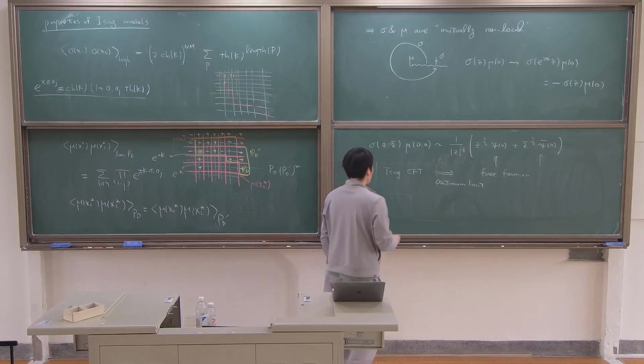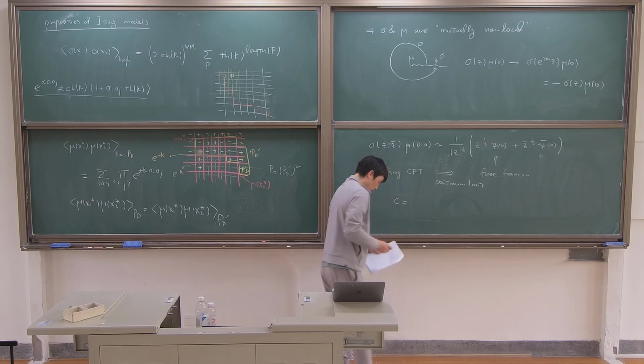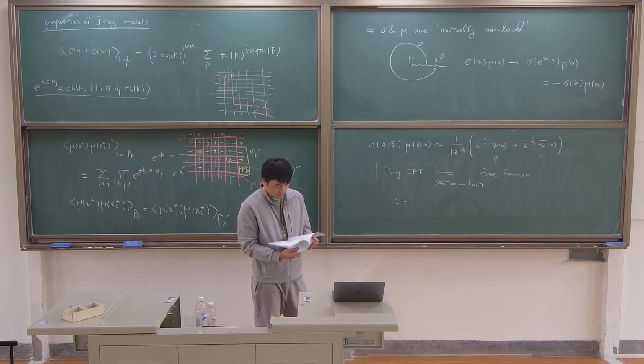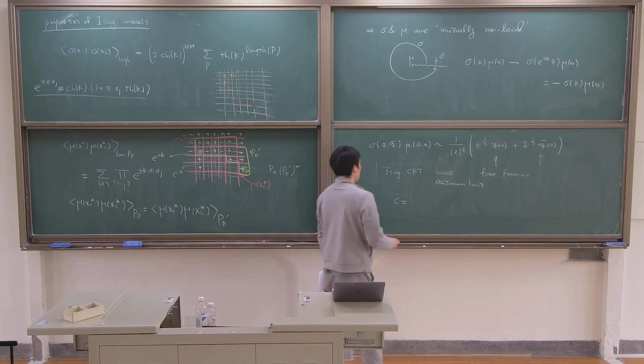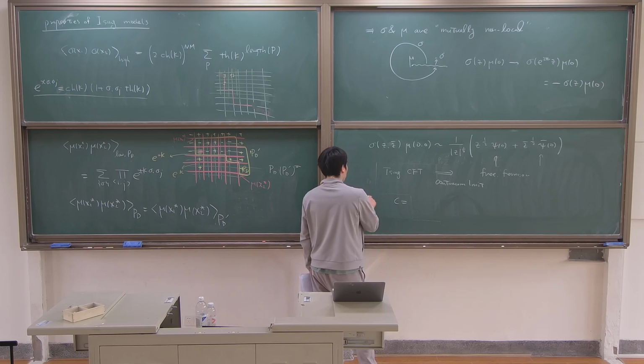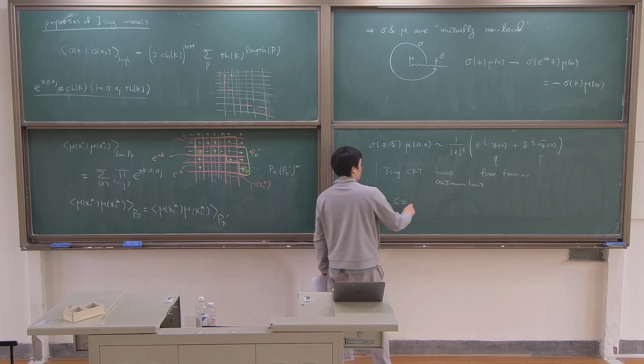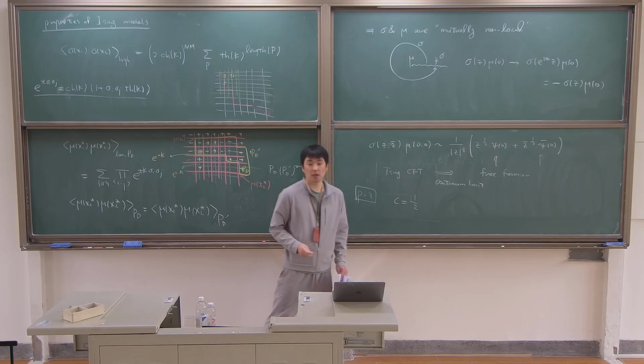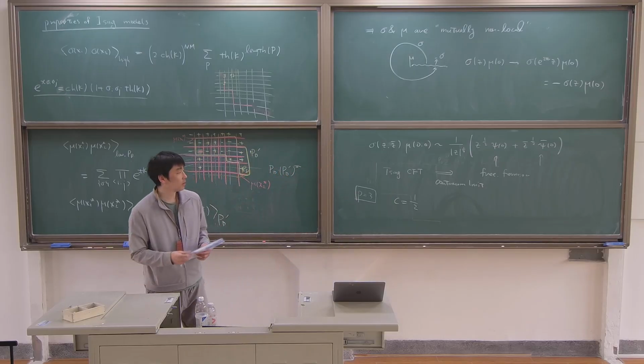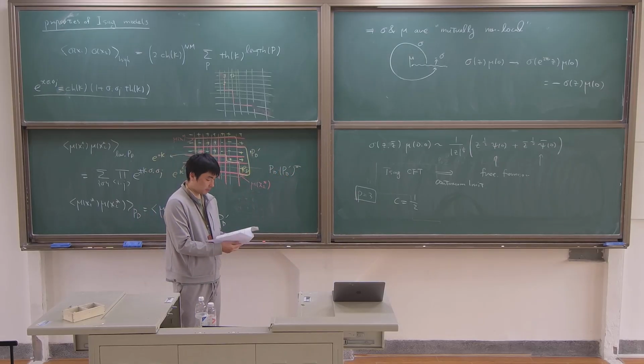And if you look at the central charge of the Ising minimal model, when p equals 3 it's 1/2, which is the same as the free Fermi.